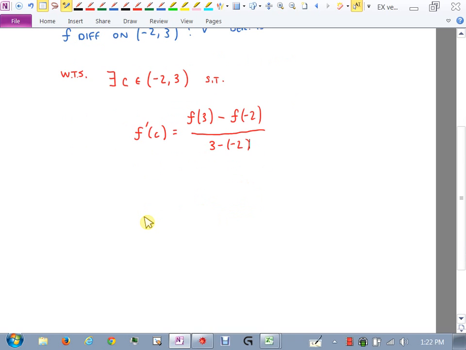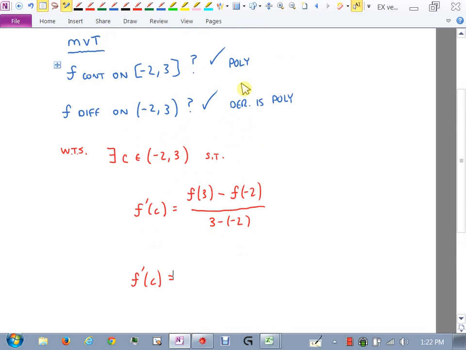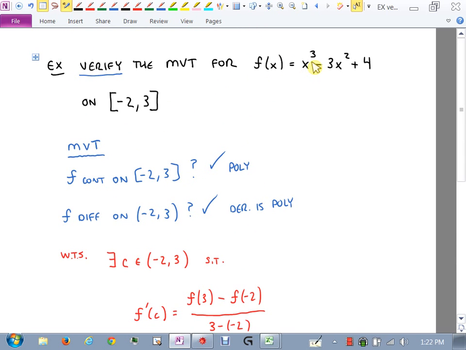So let's figure out what this is, and we'll talk about this side in a second. Keep in mind, the way that we do these, it's like left and right hand sides, we're going to move down together. Let's figure out the right side first. So f prime of c must be equal to, plug 3 into this function. 3 cubed, 27, take away 3 squared is 9, times 3 is 27 again, then plus 4.